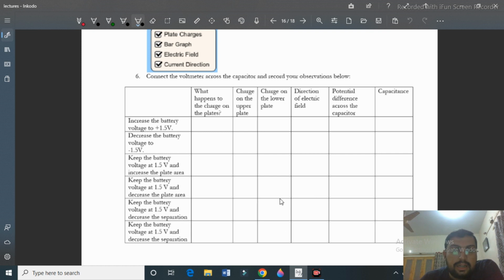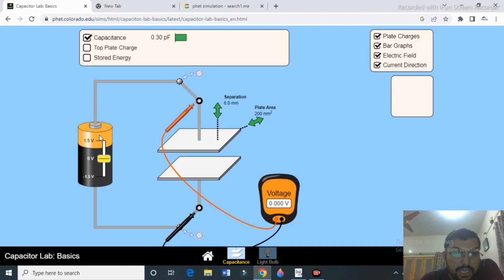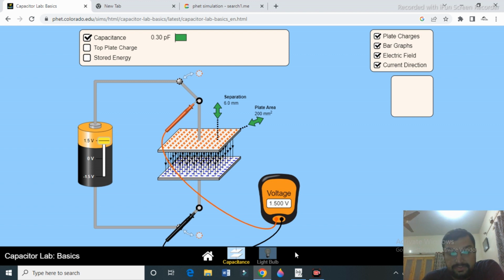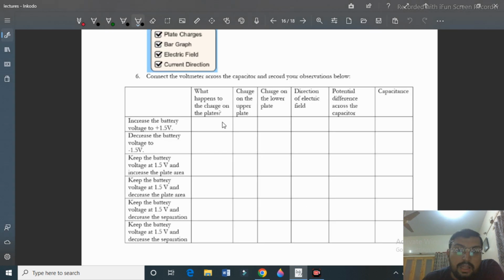Now let's start. Number one, increase the battery voltage to plus 1.5 volt. So what I am doing here is increasing the voltage to 1.5 volt. I have done this.